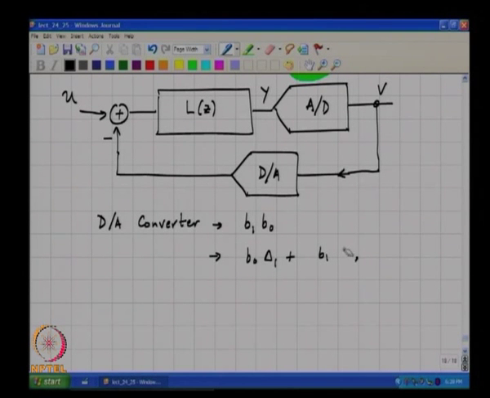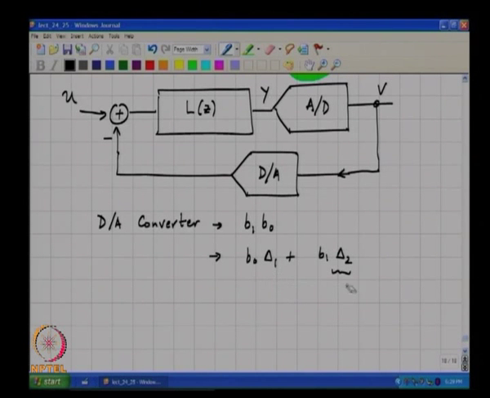Okay. So, if the D to A converter is not ideal, it means that what you get will not be exactly B naught into delta plus B1 into 2 delta. This will nominally be delta and this will nominally be 2 delta, but there will be some errors. You understand?